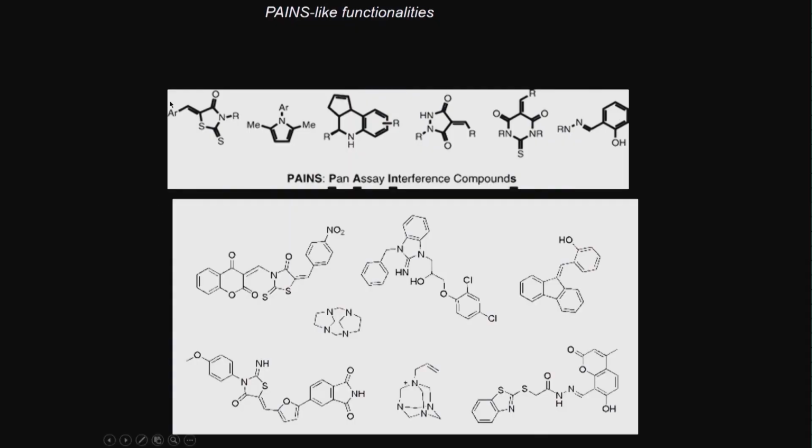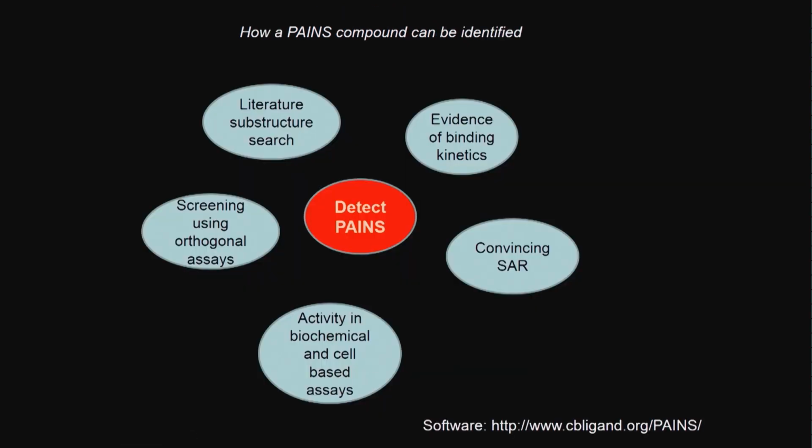Okay, if your compound has these types of functionalities, you better watch out, it may be an interfering compound. Okay. So, this software, as I said, you can upload your structures and be sure whether it is a PAINS compound or not.